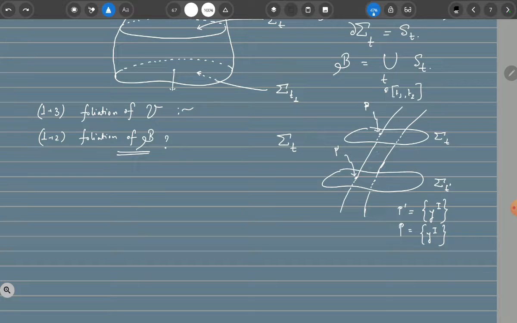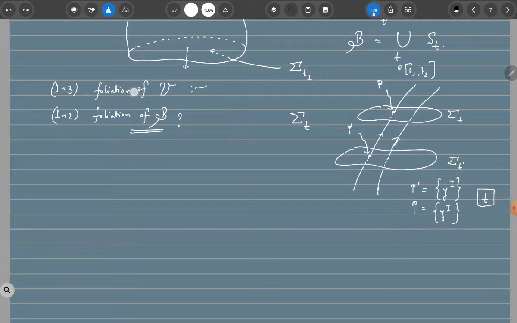And the only parameter that changes along these congruences, which we do not assume to be globally hypersurface orthogonal, is the parameter value T, which is given by the scalar function of these hypersurfaces. Good.